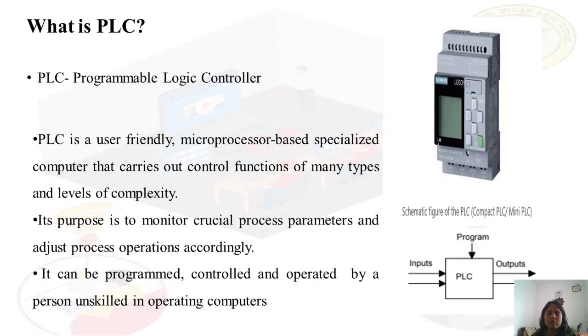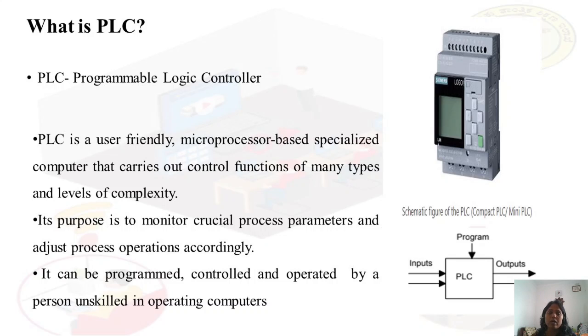Its purpose is to monitor crucial process parameters and adjust process operations accordingly. The main purpose of the PLC is to control the operations and process parameters. It will control the process parameters, and if it needs to adjust any parameters, that also this PLC will do.